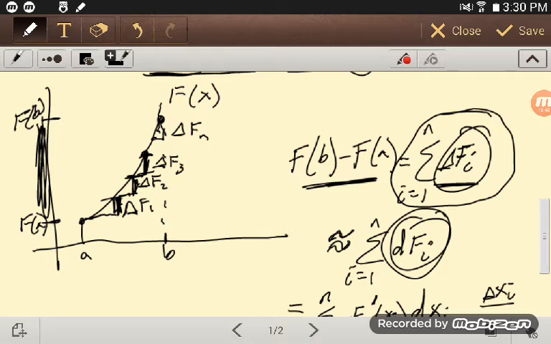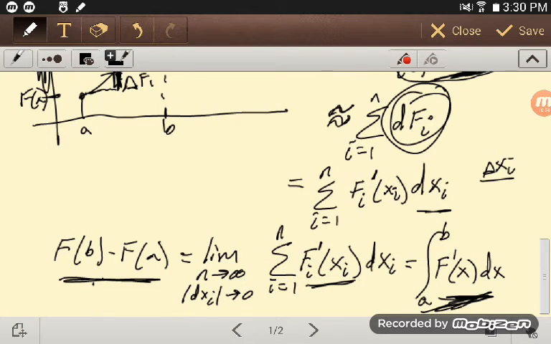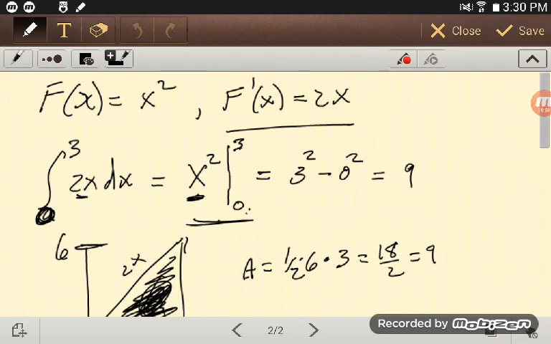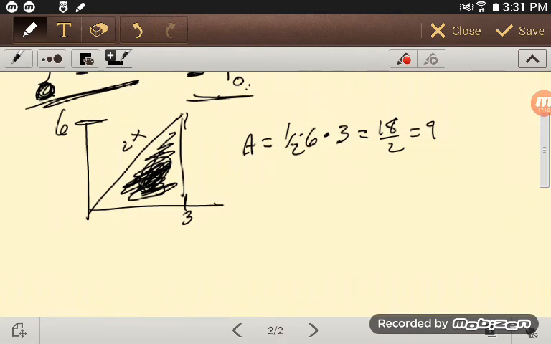But in the end, what you really want to get is that when you see this definite integral here, like what we have here, remember that what you're doing is you're adding up a bunch of little things that look like this, so they're a 2xi times a dxi.